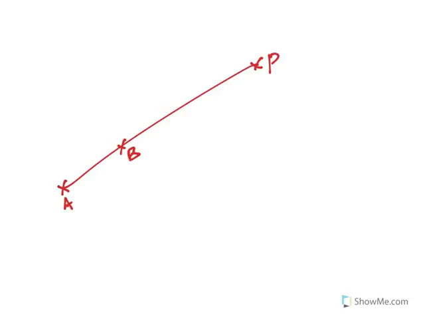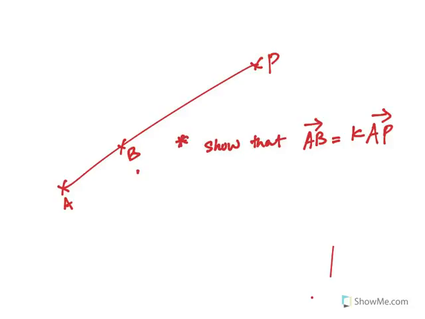So one way to go about doing this, we can just show that AB can be a scalar multiple of AP, for example. If we can do this, then they have the same direction vector, and they also share a common point. Very quickly, we can show that they are collinear, meaning they are on the same line. So this is the direction that we're heading towards.